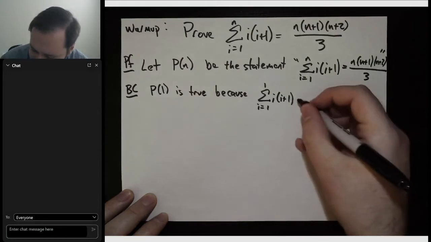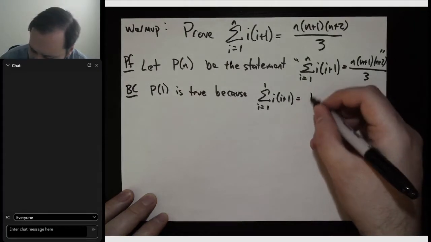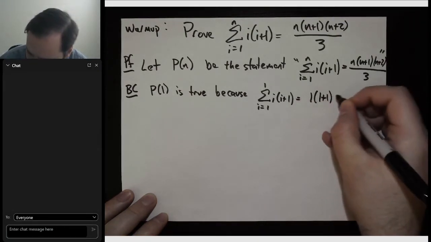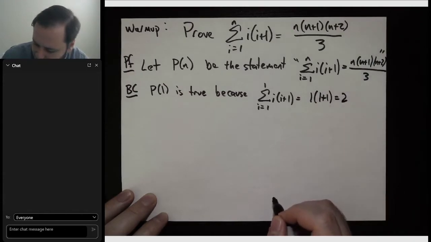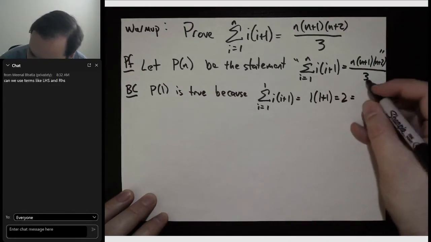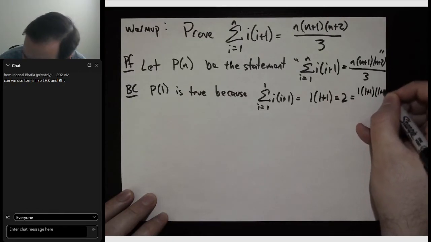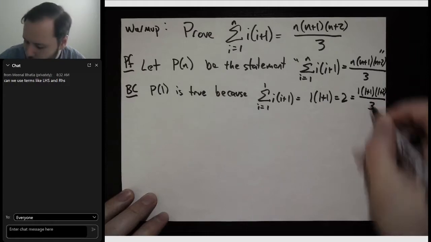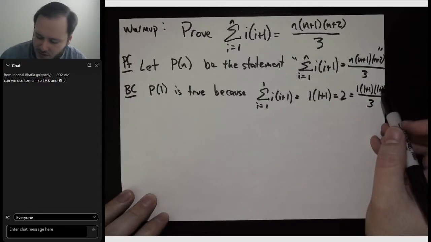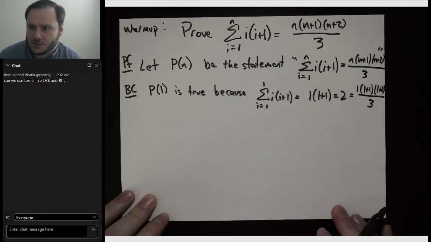Well, that's a very silly way of writing 1 times 1 plus 1. That's equal to 2. And 2 is also equal to 1 times 1 plus 1 times 1 plus 2 divided by 3, because I've got a 3 here and a 3 here that'll cancel, and I'll get my 1 times 1 plus 1.